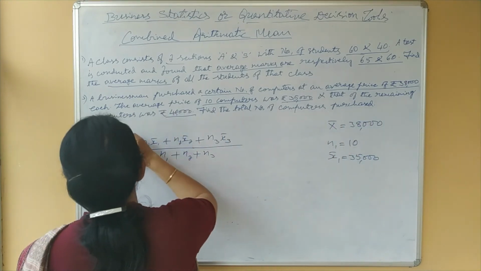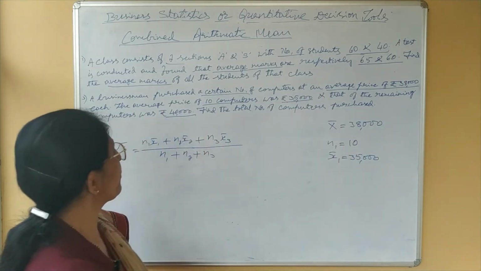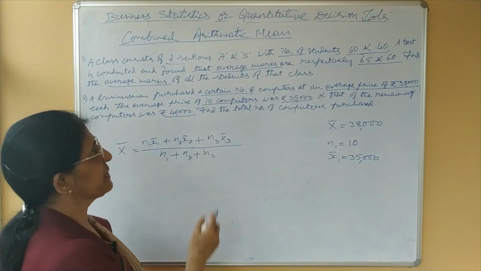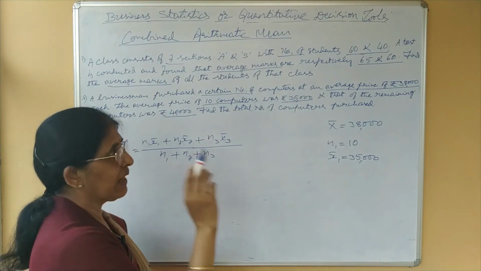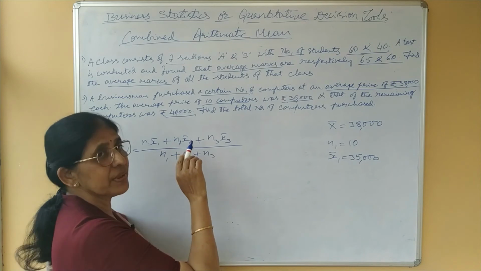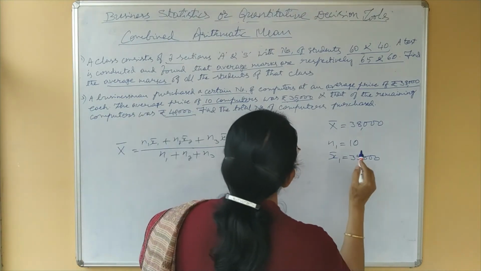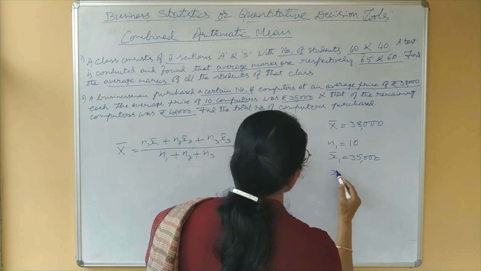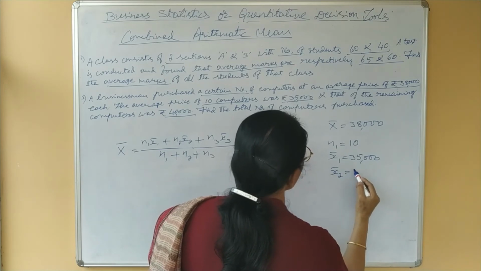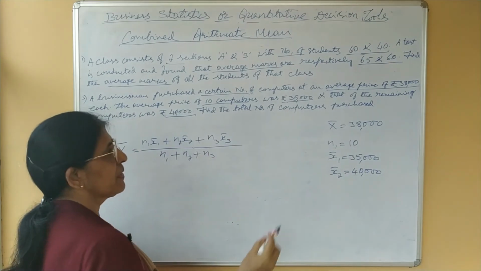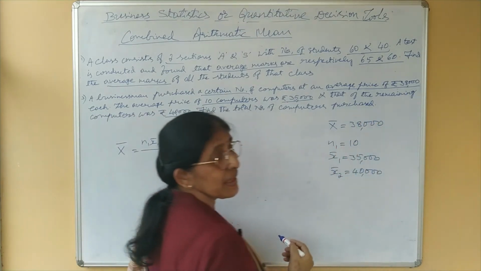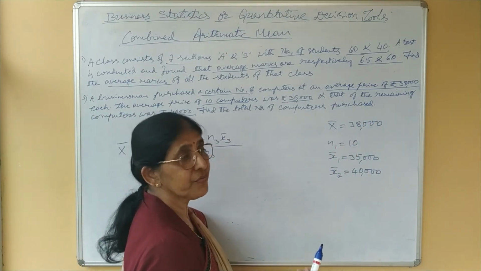That of the remaining computers was 40,000 rupees, that is X bar 2, 40,000 rupees. Now, how many remaining computers are there? That we have to find out.